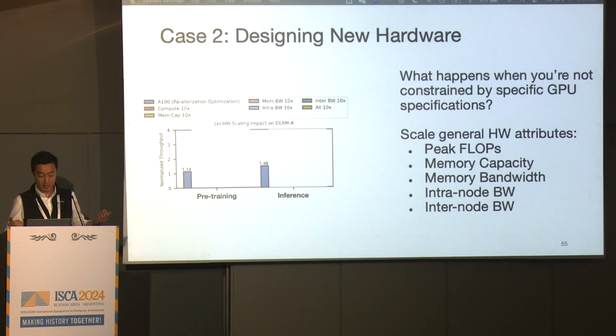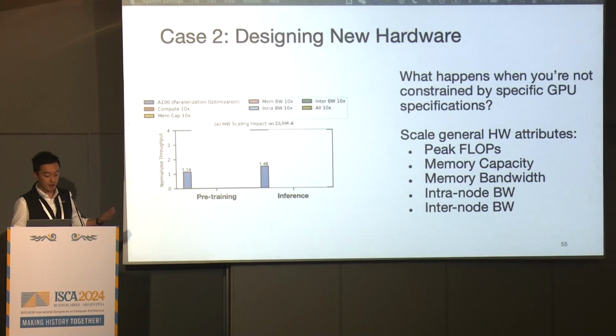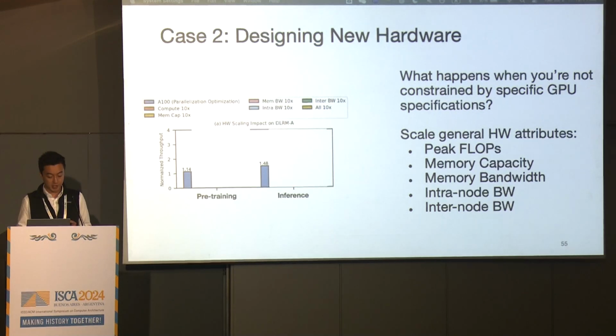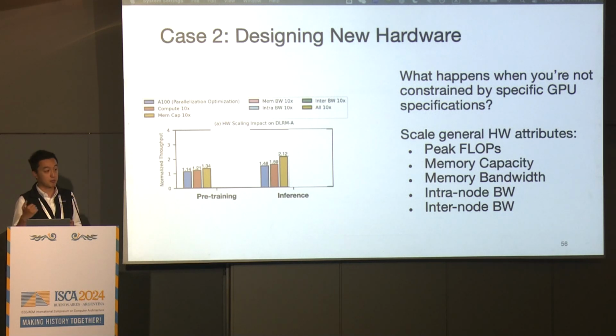So first we can see, okay, blue shows us if we just play around with parallelization strategy, which is what we showed earlier, you get some gains. But MadMax allows us to see new hardware designs where if we scale purely peak compute, or memory capacity, what is the impact of this on a pre-training task or an inference task?